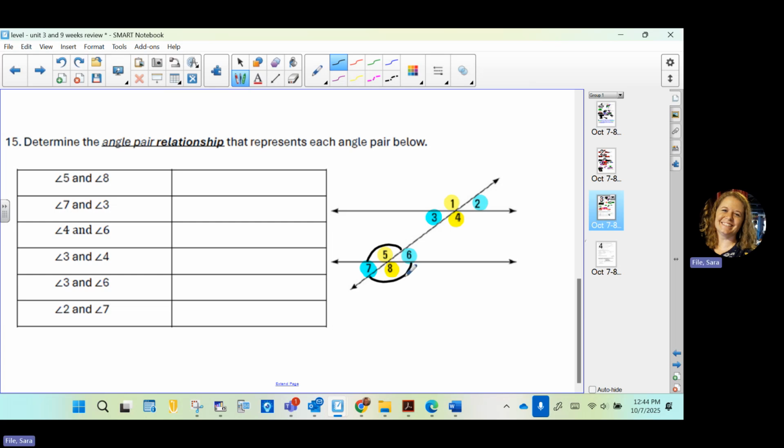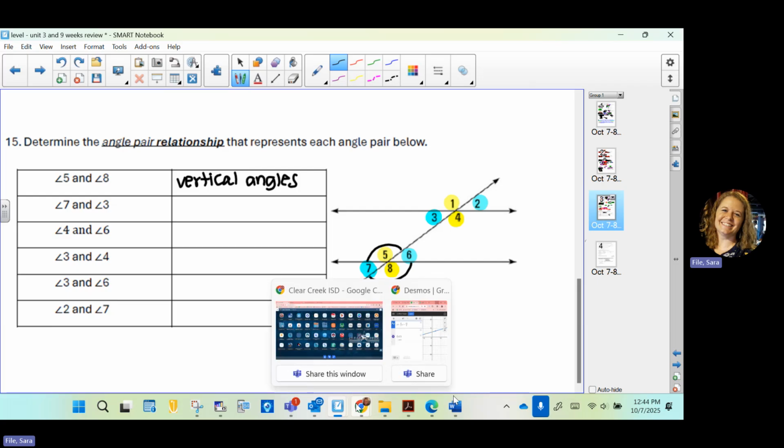Starts with a V. Vertical angles. So those are vertical angles. They cross from each other at an intersection.